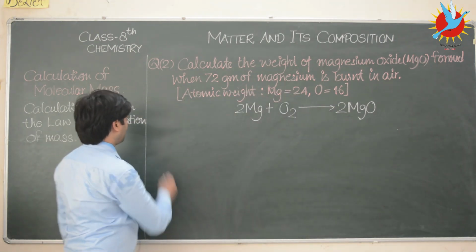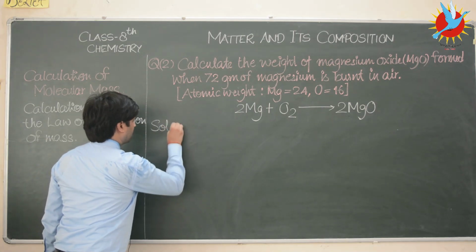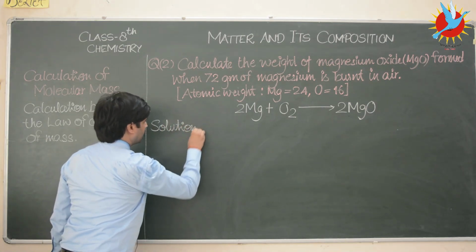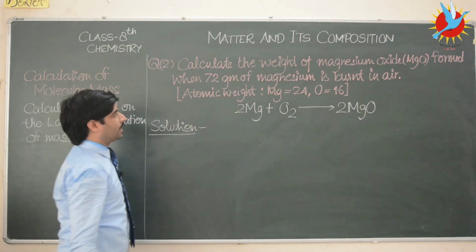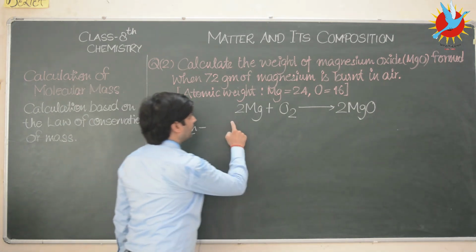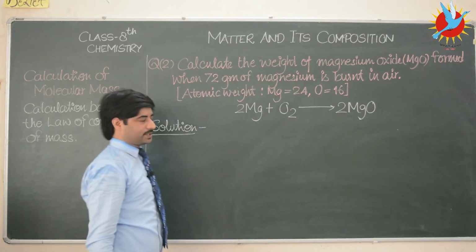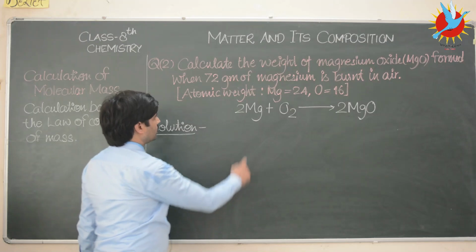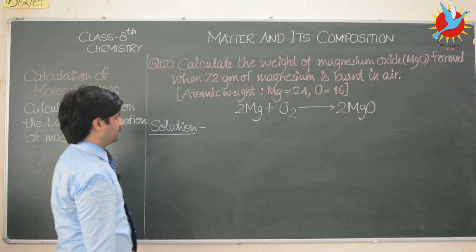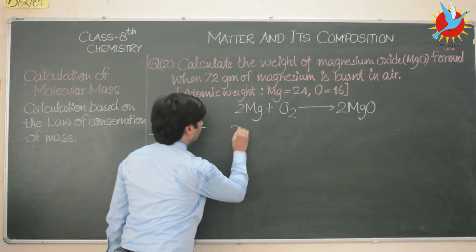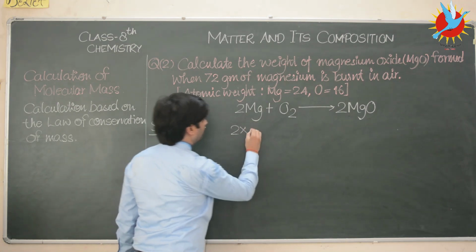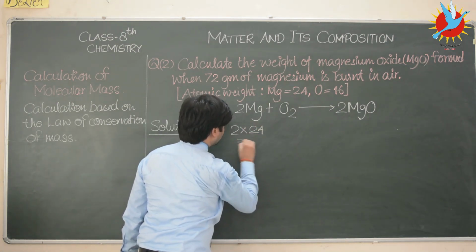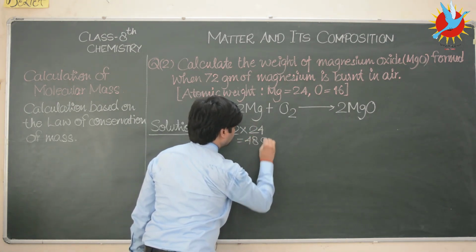So the first step in the solution of this question, we have to calculate the molecular masses. So 2Mg, 2 into 24, that comes 48 gram.